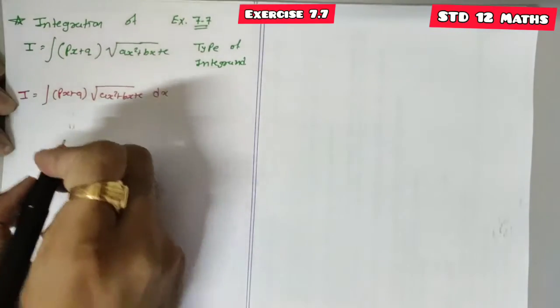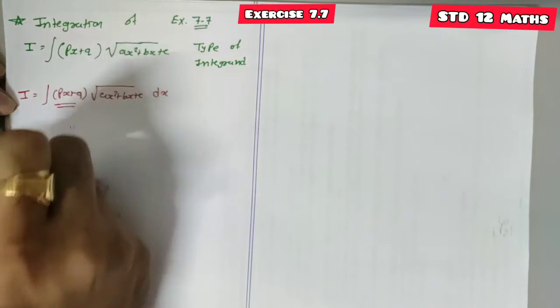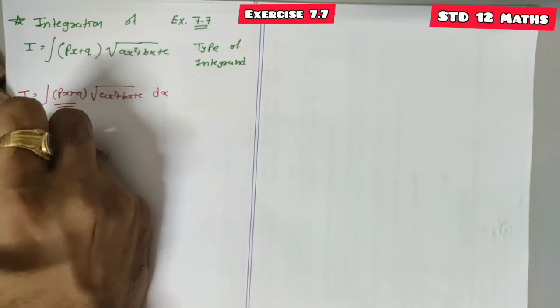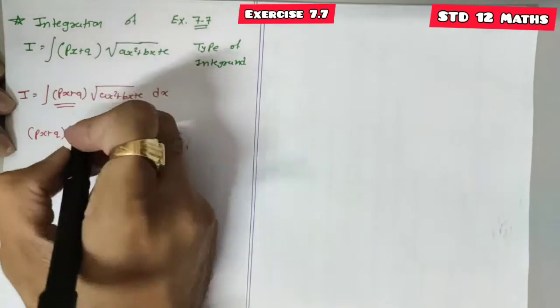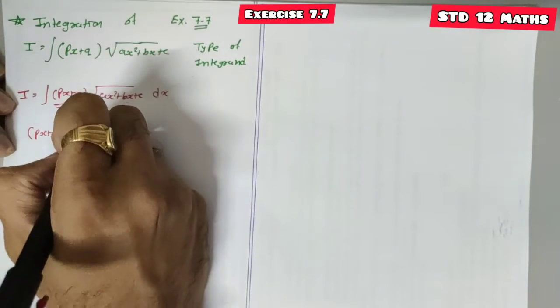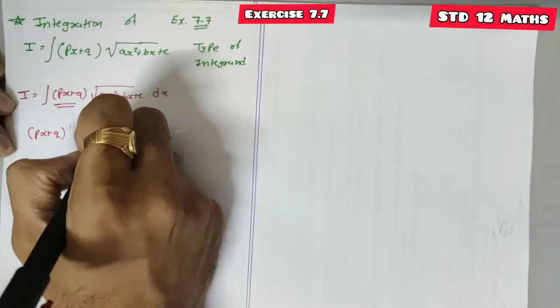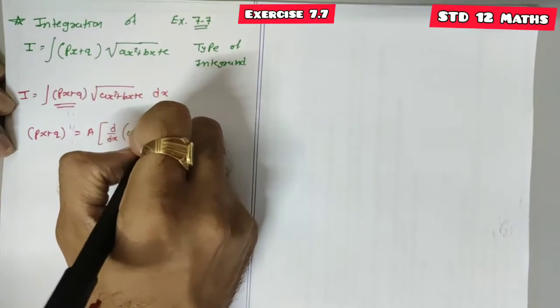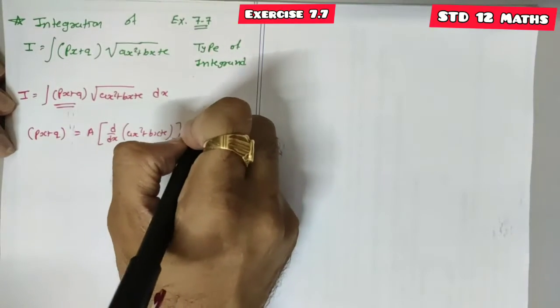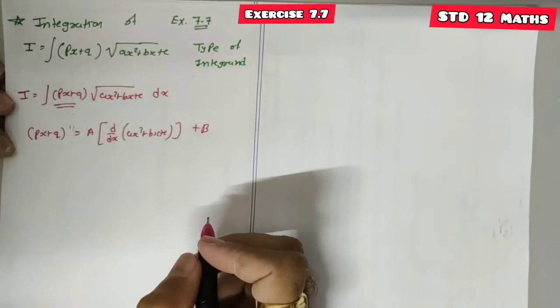So here we can replace this integrand as px plus q equal to a into d by dx of this square root, which is ax square plus bx plus c, plus b. Done. What you have to do?